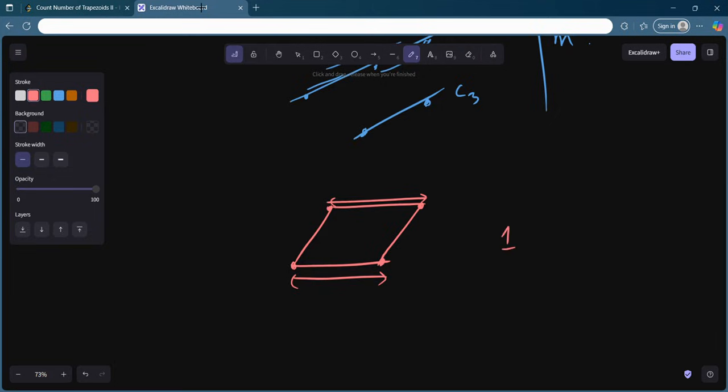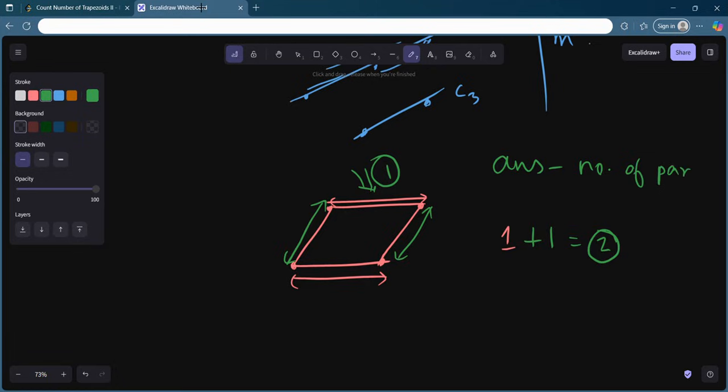Then again you will tell that this is parallel to this. If I am talking about a parallelogram, we should calculate this whole quadrilateral once, but if you consider this pair of lines also, it will give you another, resulting in the answer 2. So my total result will be the answer minus the count of parallelograms, because one parallelogram makes you count one extra value, so you subtract the number of parallelograms.